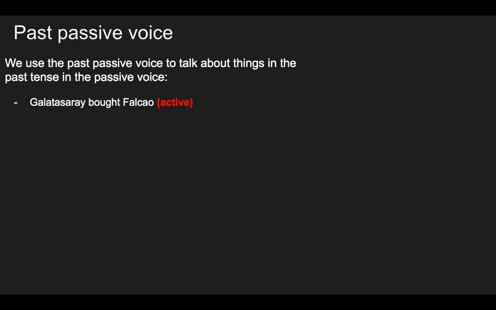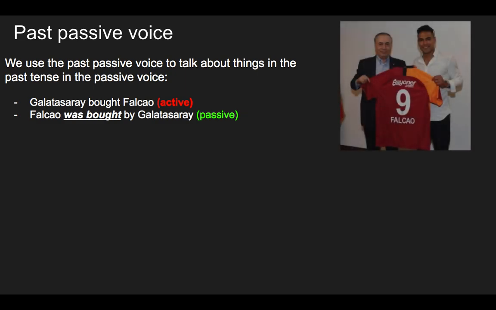Galatasaray Football Club bought Falcao. But if we want to focus, emphasize Falcao, we change it to the passive voice. Falcao was bought by Galatasaray. So this is past passive.